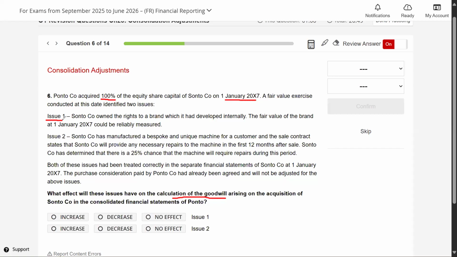Sontoco has this right to a brand which they have internally developed. So when we buy it, we are going to consider this as part of the value of the net assets. So what will happen due to this to the goodwill? This is what we need to understand.